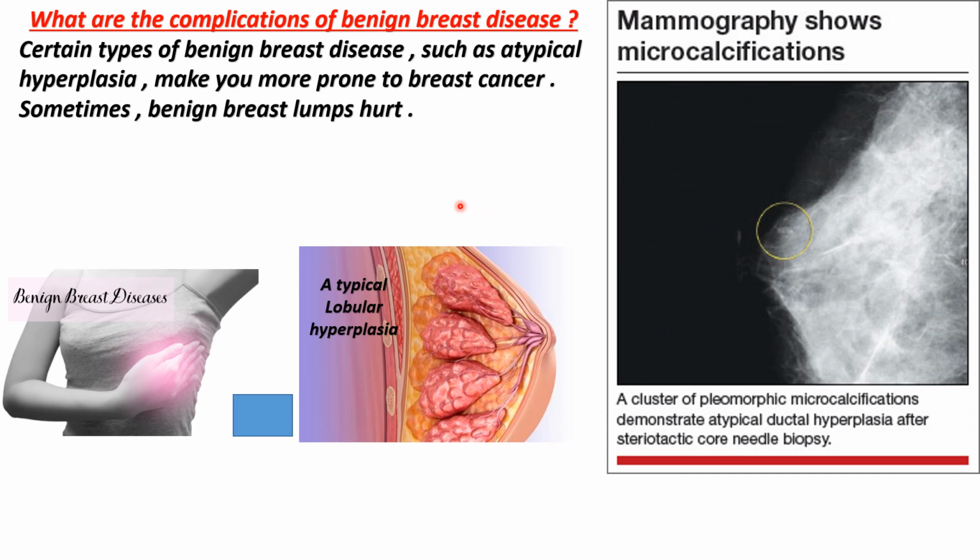The question now, what are the complications of benign breast disease? Certain types of benign breast disease, such as atypical hyperplasia, make you more prone to breast cancer. Sometimes benign breast lumps hurt.